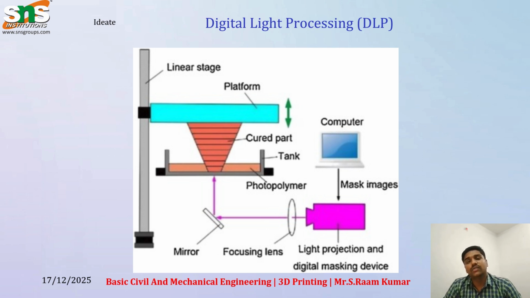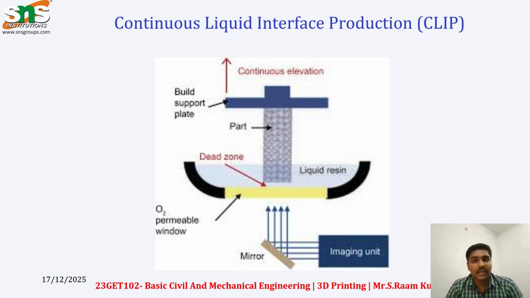Then the fourth one is digital light processing, which has a similar working principle with laser support, through which the product can be made. For the continuous liquid interface production method, the light source works through layers, and we can develop an oxygen permeable membrane with which we can convert the liquid resin into a solid structure.